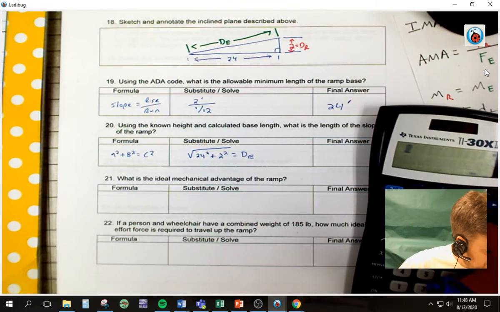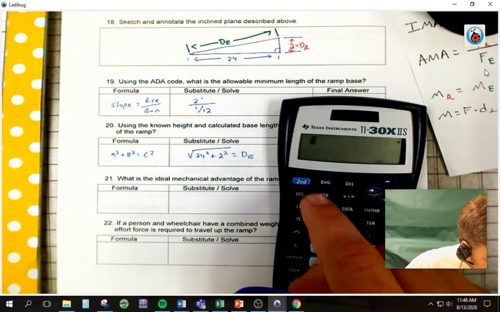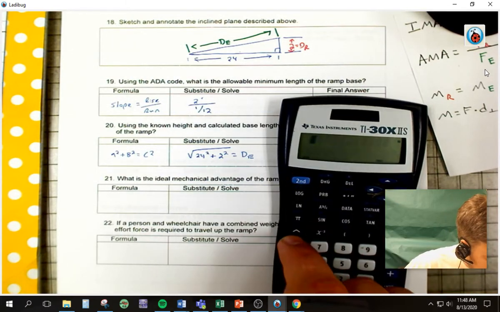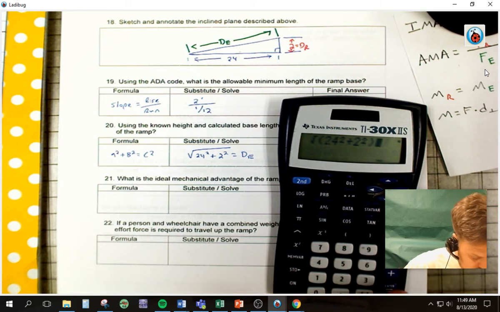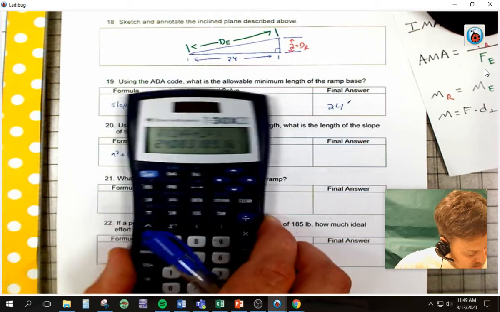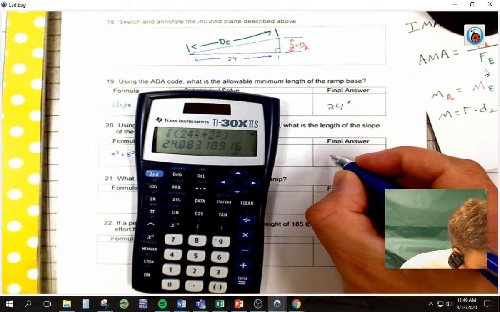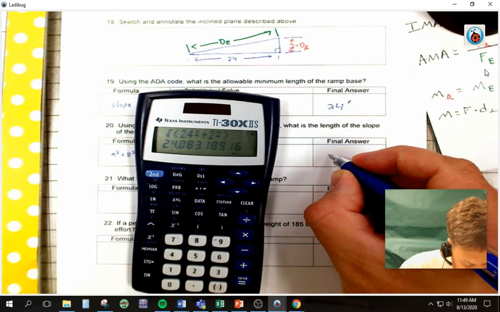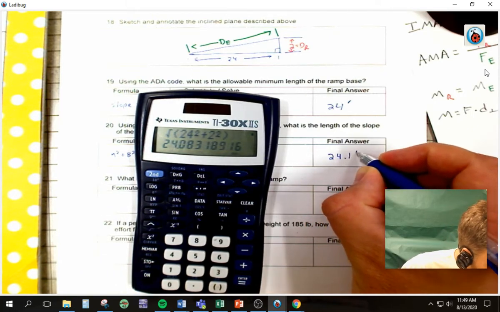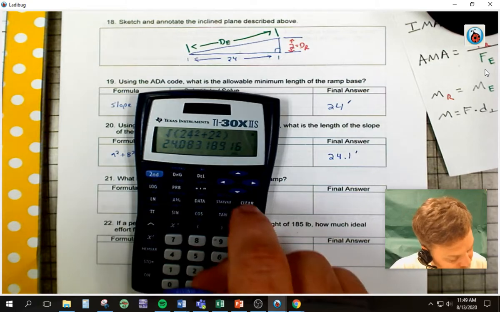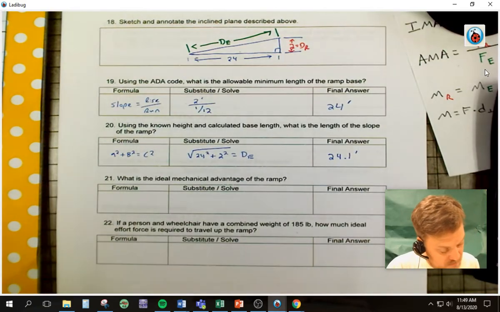So let's do that. Second here, 24 squared plus 2 squared. And it gives me 24, we'll round that up, 0.1 feet. Okay.